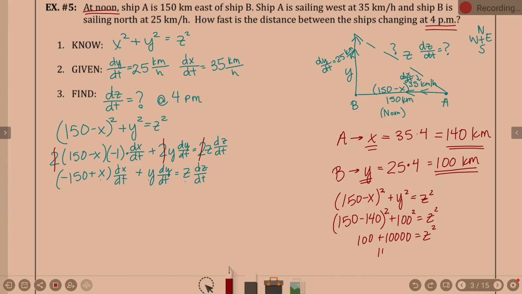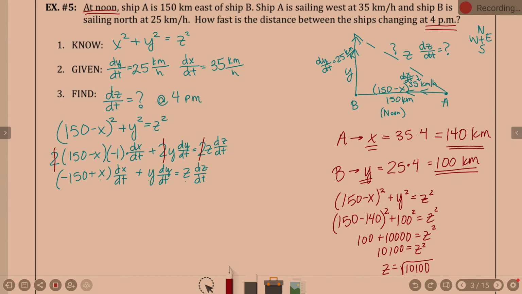So z squared is 10,100. So z is the square root of 10,100 if you ask me. I left it as that because I have a decimal answer. Here's my final answer.